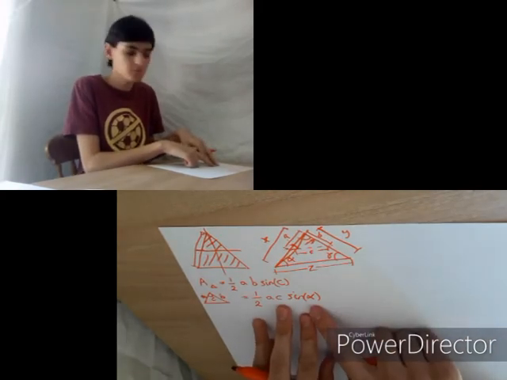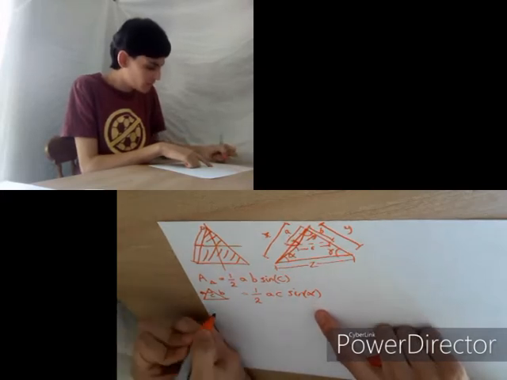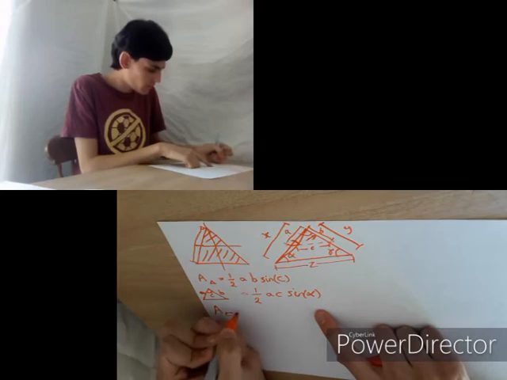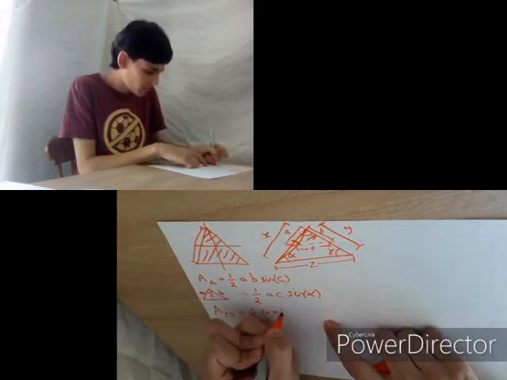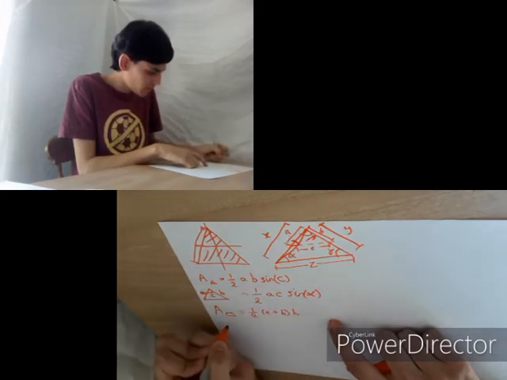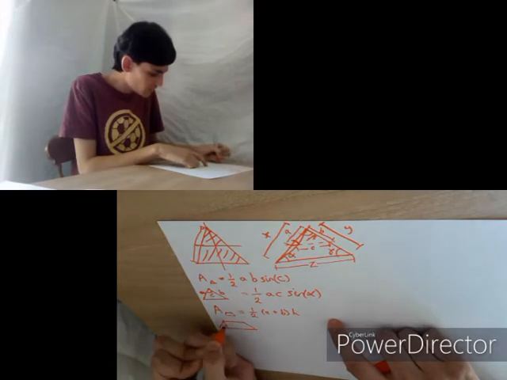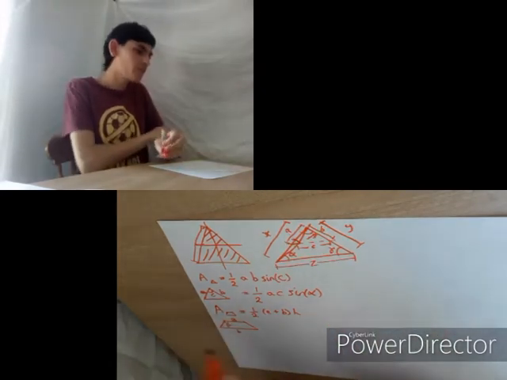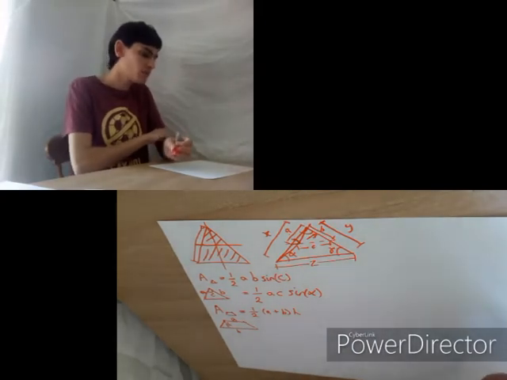Now for the area of the trapezium. The formula for the area of a trapezium is half of A plus B times H, where H is the vertical height. We need a bit of trigonometry to work that out.